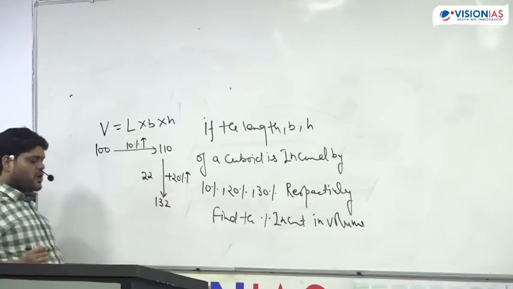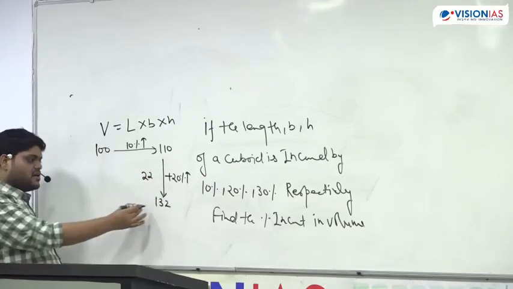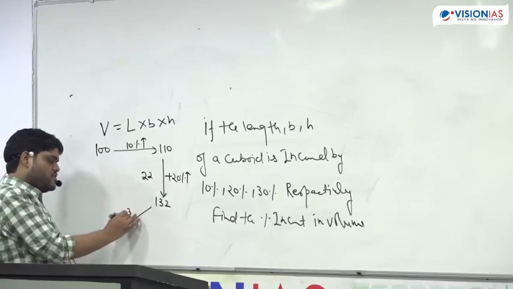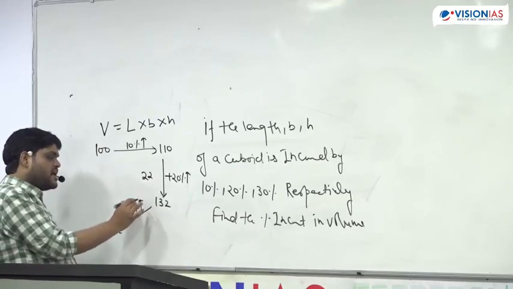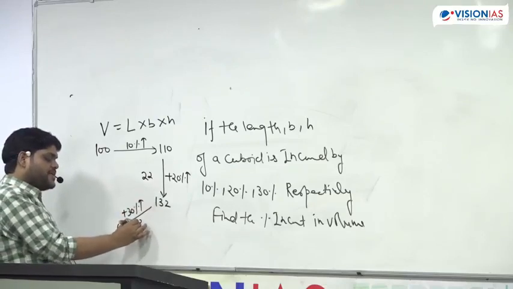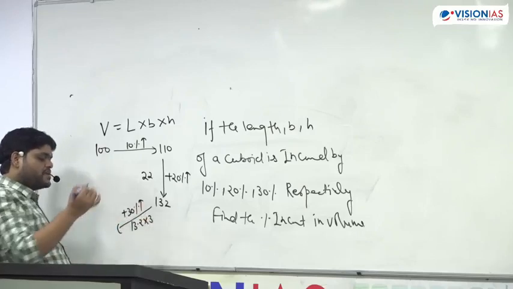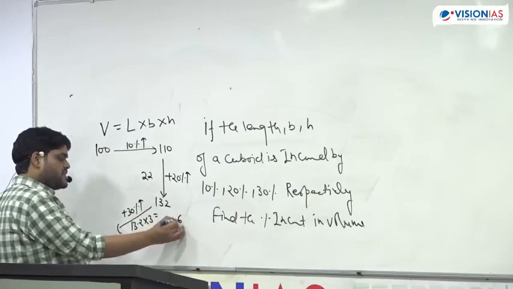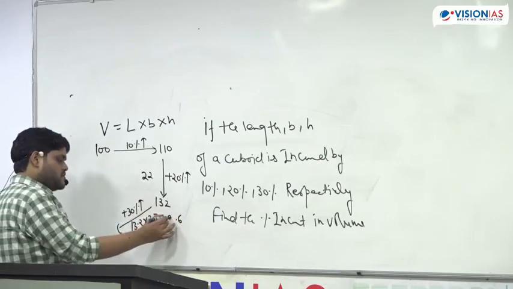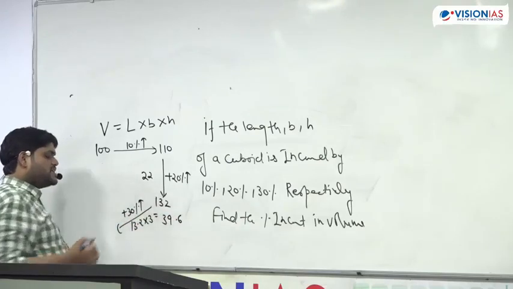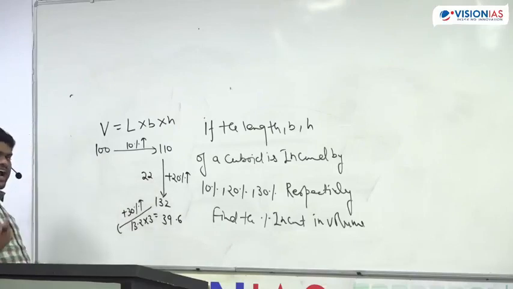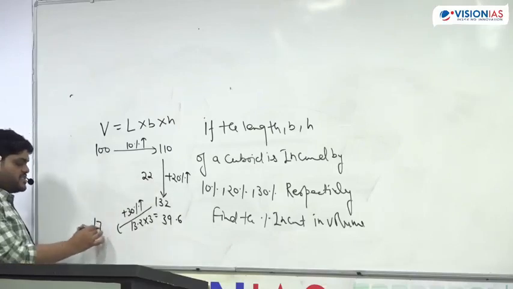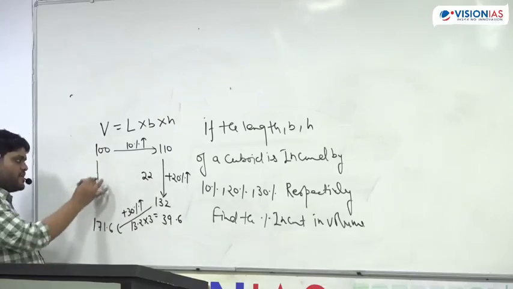This becomes 132. Then third increment of 30%. 10% becomes 13.2. 30% we have to multiply by 3. This will come as 39.6. If I add 39.6, this becomes 171.6.